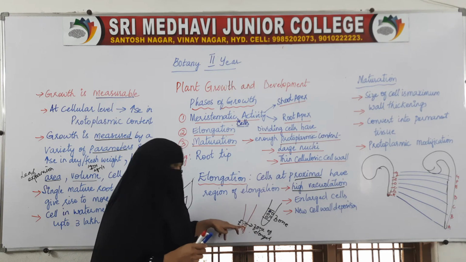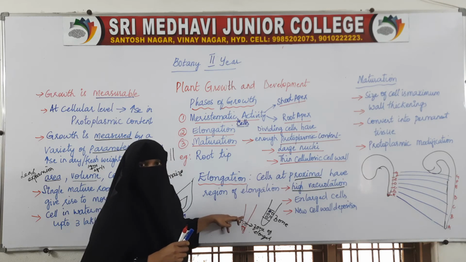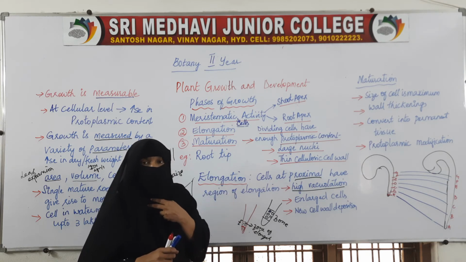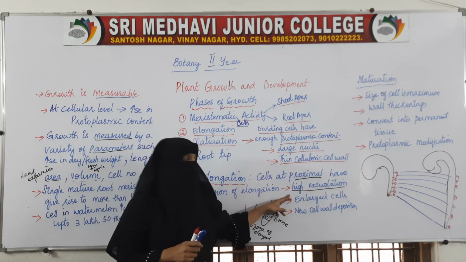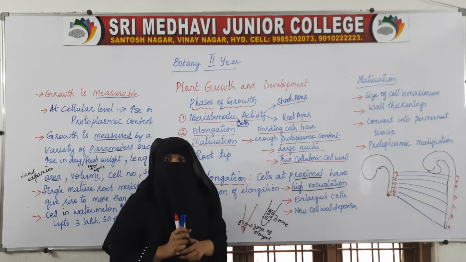The meristematic cells that have moved from the meristematic region to the zone of elongation will now enlarge or elongate, and will have high vacuolation, that is, many big vacuoles will be present.